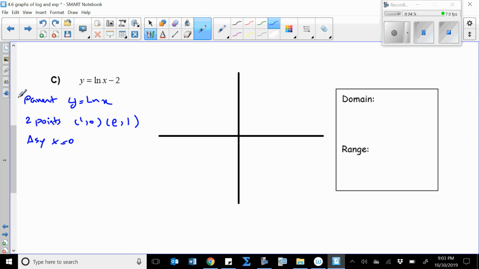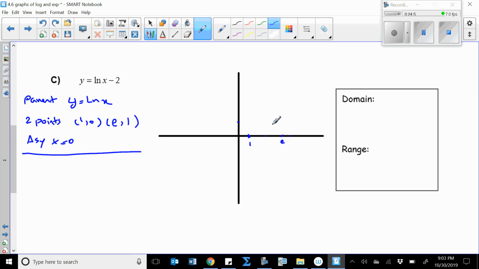So if you find this information about your parent function, then it will be easier for you to graph the transformed function. So 1 and 0 is here, and e and 1 will be, if this is 3, e will be a little bit before that, it's here.